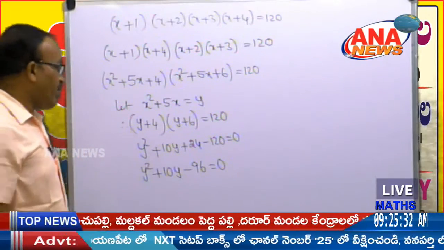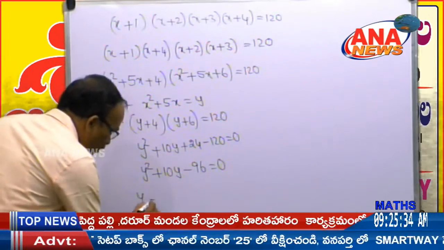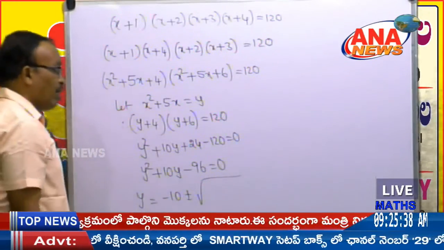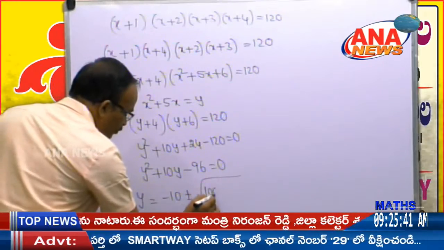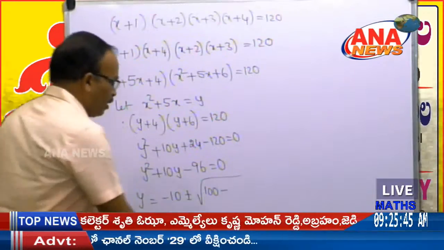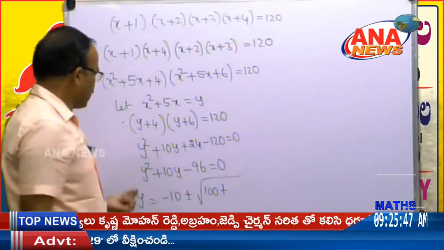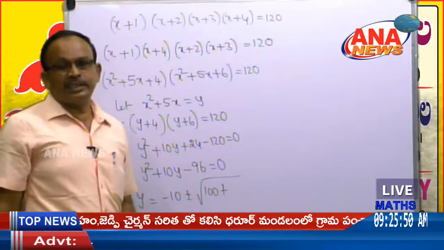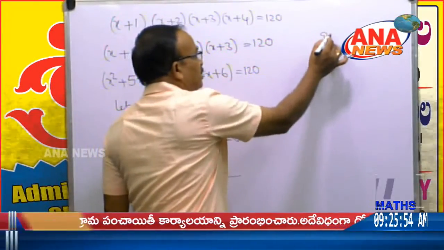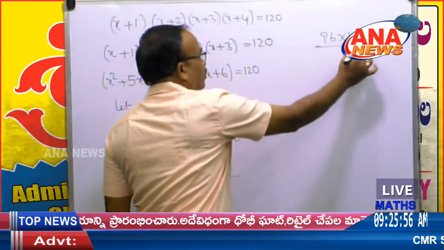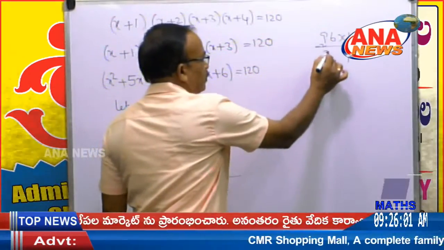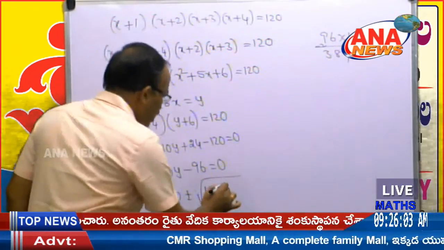Otherwise, use the formula. y is equal to minus b plus or minus root over b square minus 4ac, by 2a. Minus into minus is plus, a is 1, c is 96, 4 into 96, just multiply the value. 384.